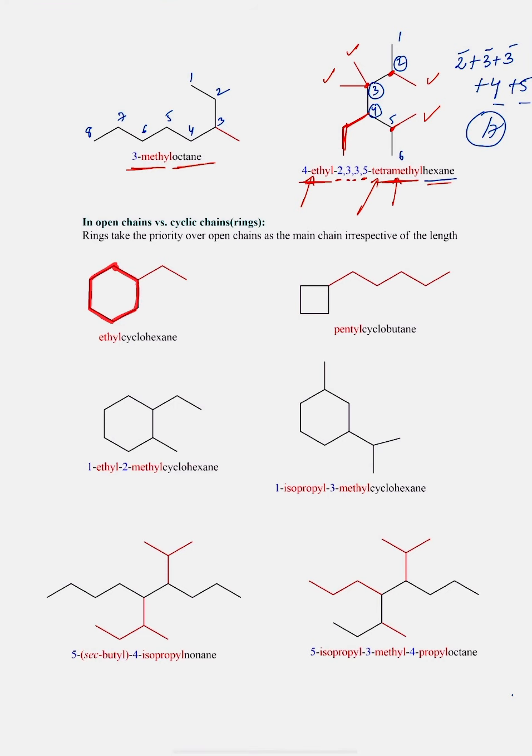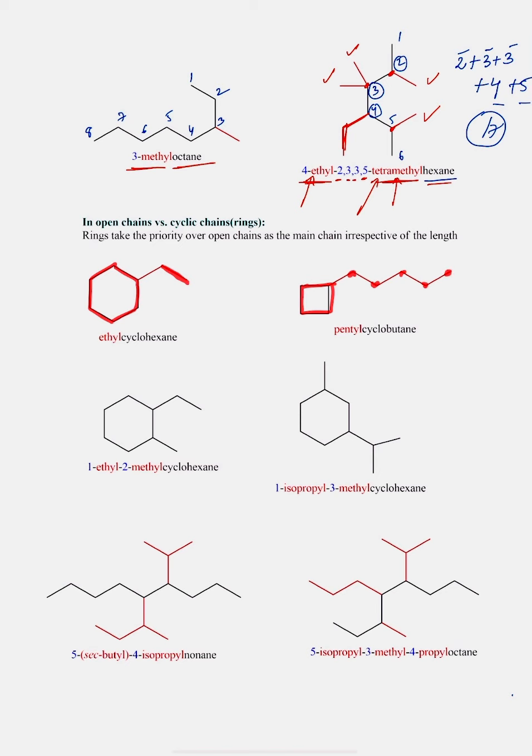Here I have a 6-membered ring which is attached to a 2-carbon straight chain. Here the status of parent chain goes to the 6-membered ring, and here we have a 4-membered ring attached to 1, 2, 3, 4, 5 carbon straight chain.